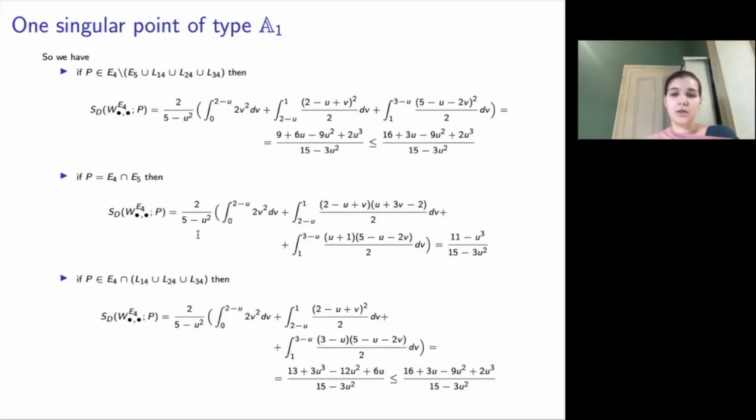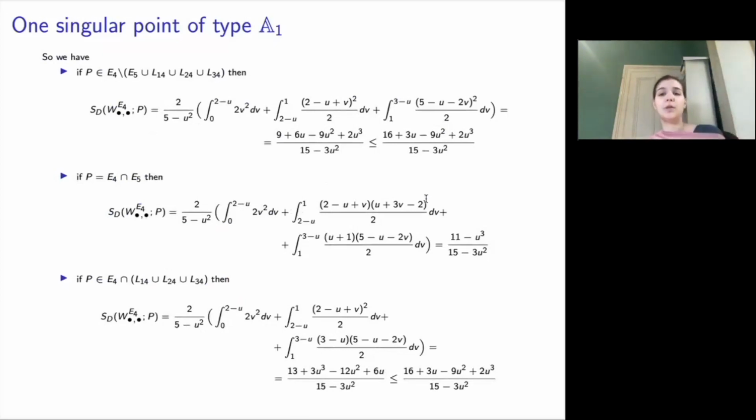And after that, we can see that for the points, here we have three options, because E4 intersects with some curves, so depending on the configuration of intersection, we will get a different function.